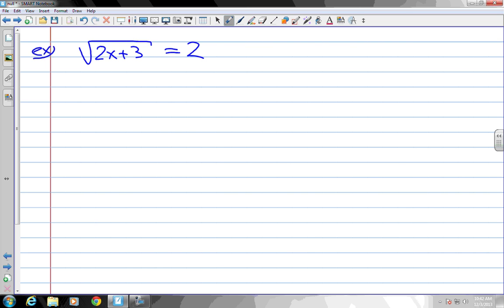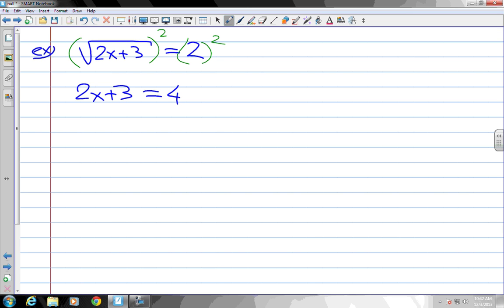So the first step tells me to isolate the radical. Well, the radical is isolated. All I have is a square root on one side, nothing around it. So I can start killing that radical. Since that's the square root, I'm going to square both sides. After I square both sides, I will end up with 2x plus 3 equals 4.